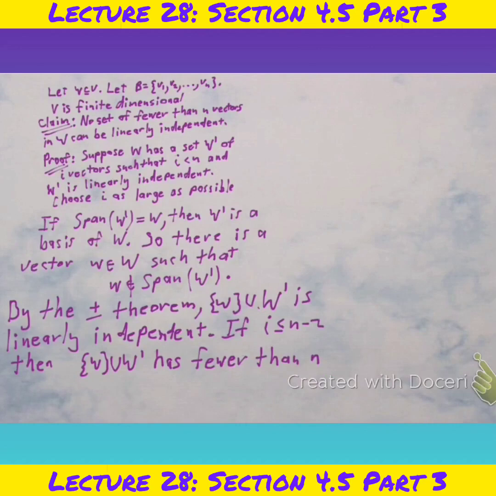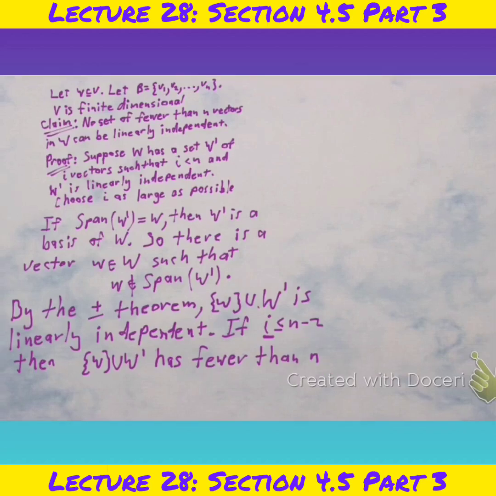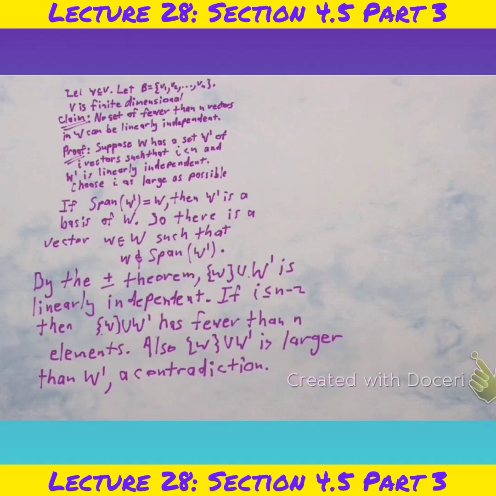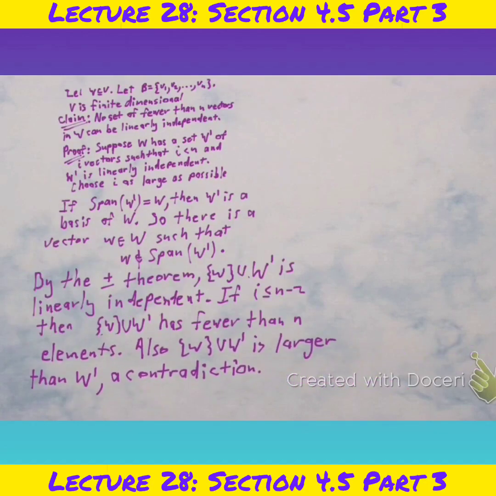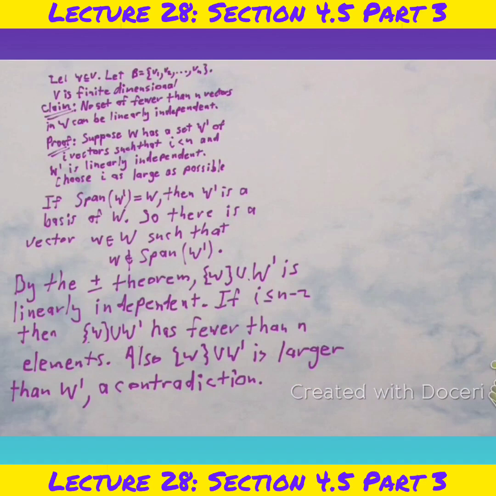Now, if this i is less than or equal to n minus 2, then this set here is going to have fewer than n vectors. Alright, so it's got fewer than n elements, and also W prime with w added is going to be larger than W prime. And it's a contradiction.